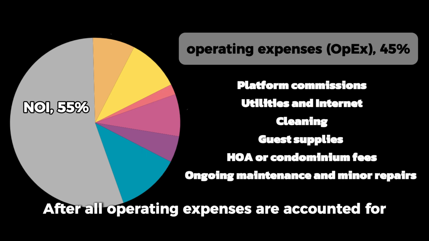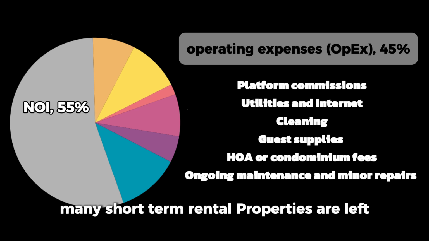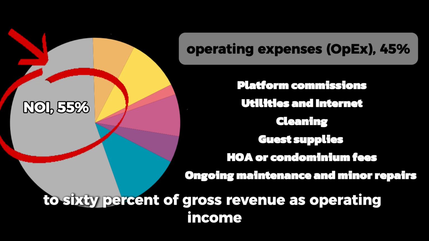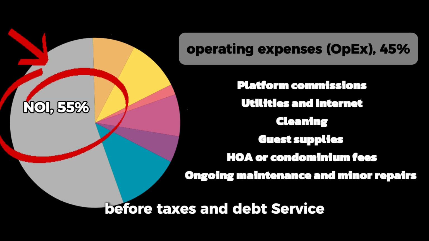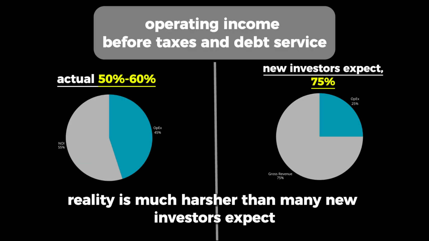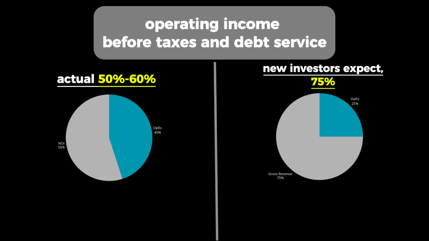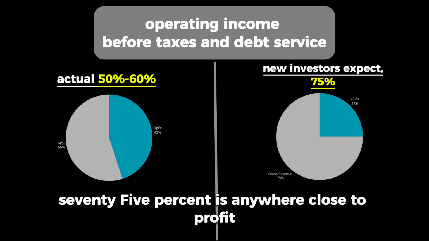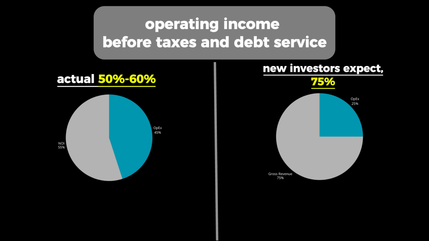After all operating expenses are accounted for, many short-term rental properties are left with only about 50% to 60% of gross revenue as operating income before taxes and debt service. As you can see, reality is much harsher than many new investors expect. Just because a lender subtracts 25% from revenue doesn't mean the remaining 75% is anywhere close to profit.